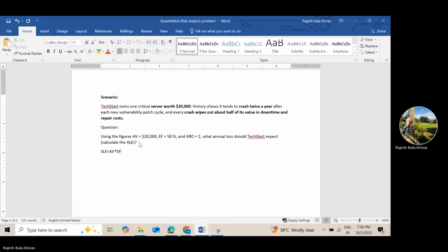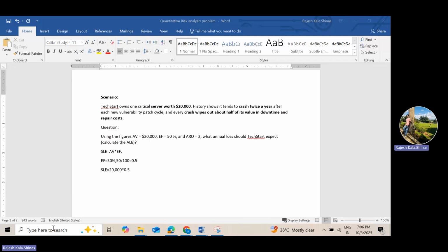So SLE equals $20,000 into the exposure factor, 50%. 50% means 50 by 100, so 0.5. How do we get 50% as 0.5? Here EF equals 50%, and 50% means 50 by 100, which is 0.5.